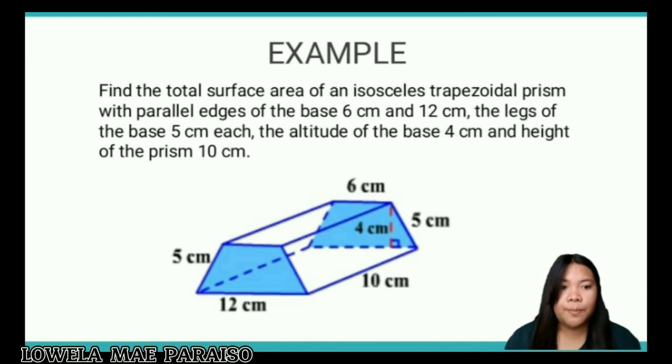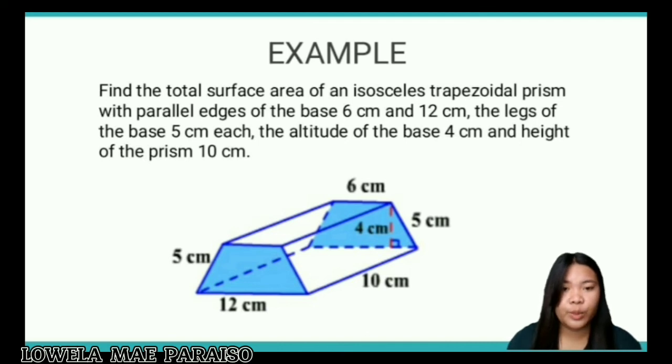So, the perimeter of the base is the sum of the lengths of the sides, which P is equal to 6 plus 5 plus 12 plus 5 is equal to 28 cm. Since the base is an isosceles trapezoid, its area is 1/2 h multiplied by b1 plus b2.